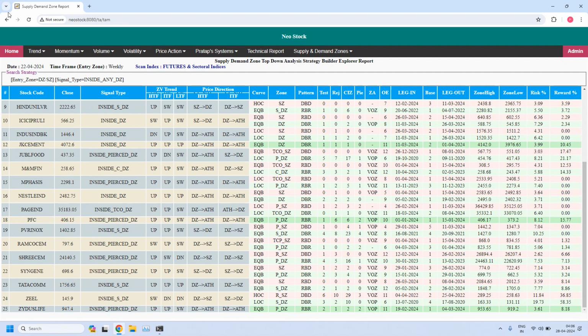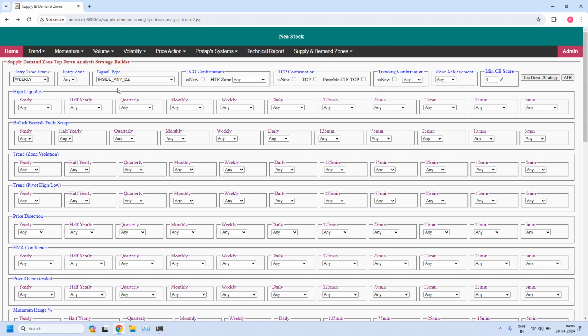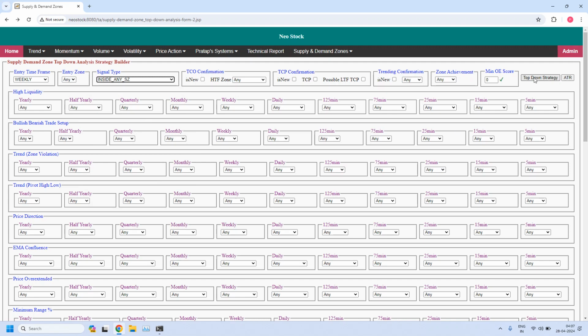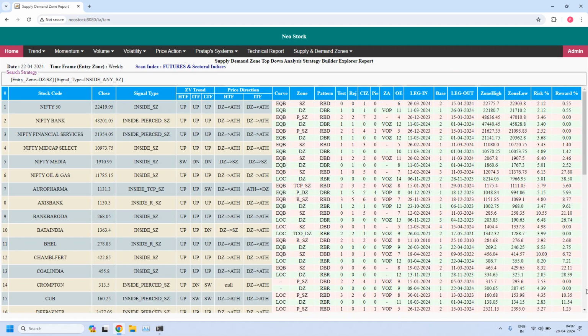So I'm going back. For weekly time frame, let us find the stocks where price closed inside weekly supply zone. So this is the filtered list.